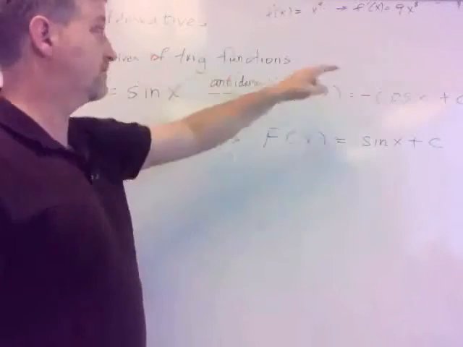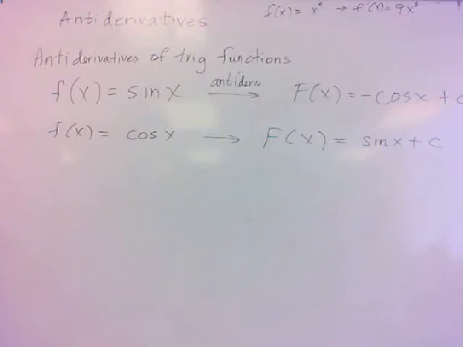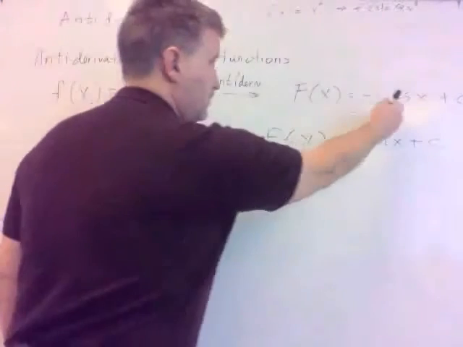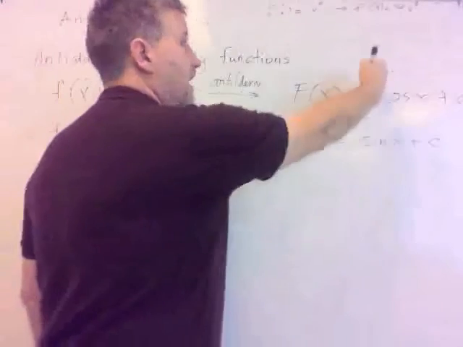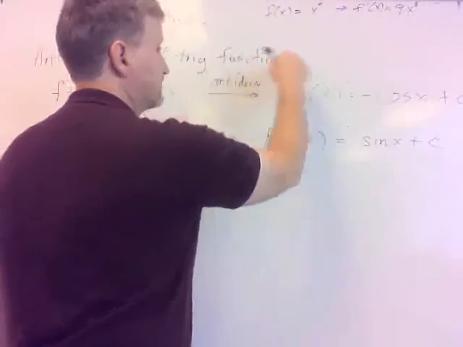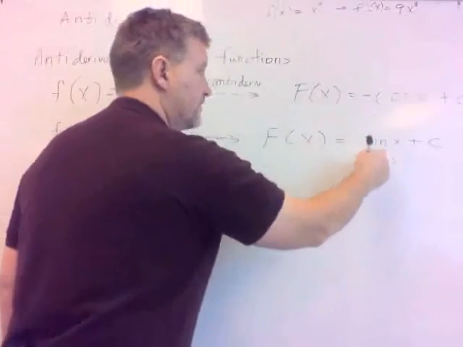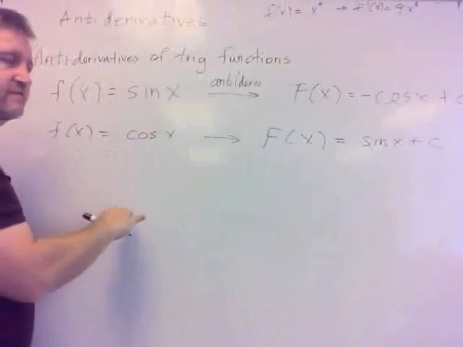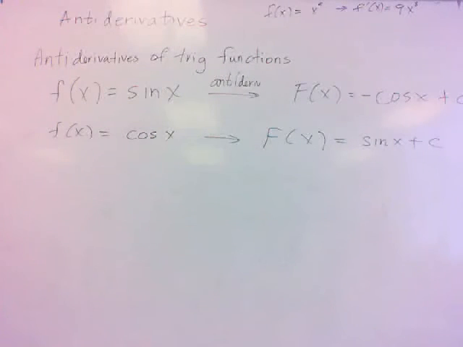The antiderivative of sine is minus cosine. What's different about those? The sign. For the antiderivative, the signs are just the opposite from the derivative signs, aren't they? The derivative of sine is positive cosine. The derivative of cosine is minus sine. So it works opposite.